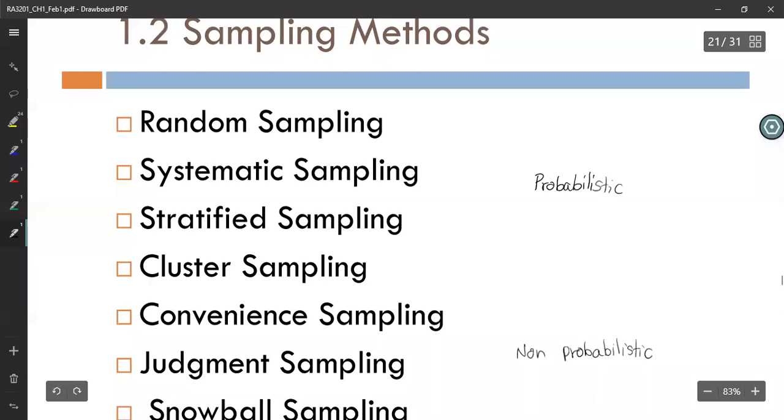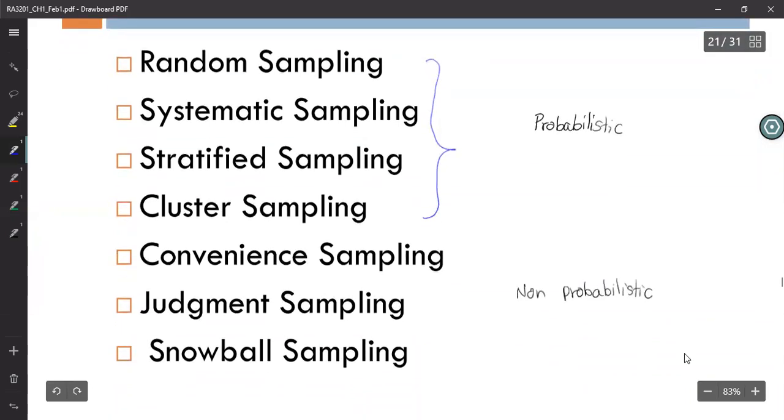If you look at the list, the first 4 sampling methods come under probabilistic, and the next 3 come under non-probabilistic.